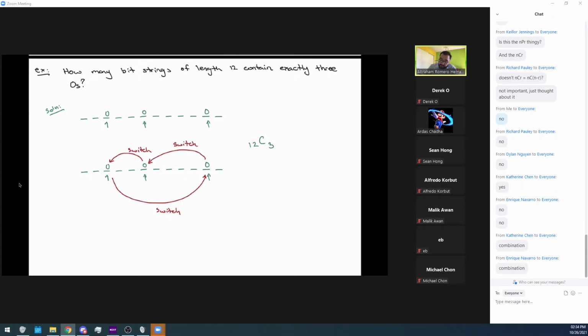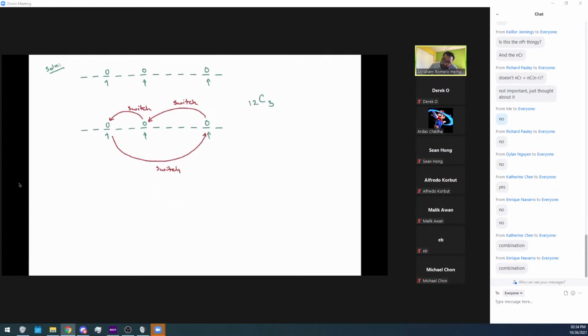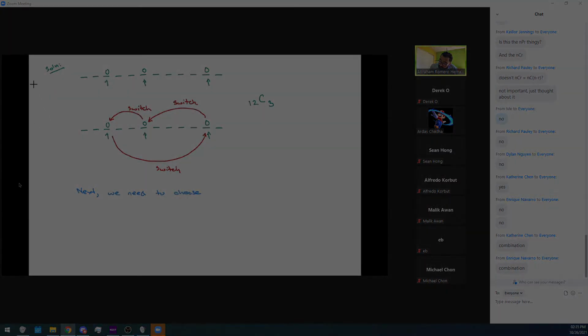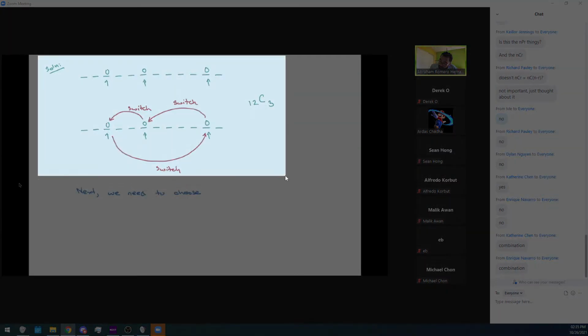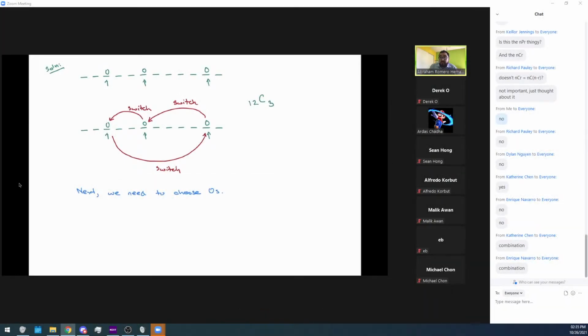Next, we choose the zeros, because this only worries about the positions of the zeros. Next, I'll write this down. We need to choose zeros. Well, how many zeros are there? There's only one 0, because there's only one way of how to choose zeros, right?